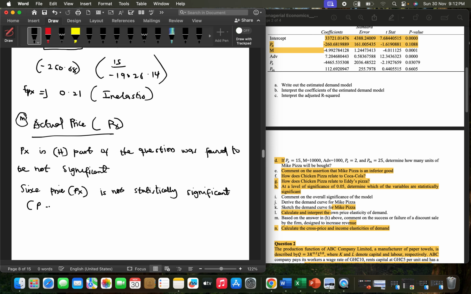Remember PX, the coefficient was 0.1, the p value was 0.1088.